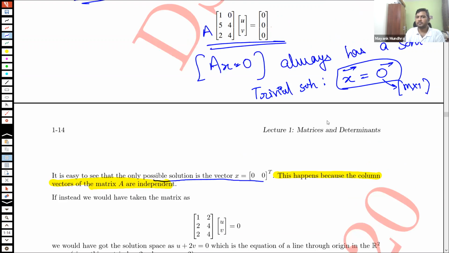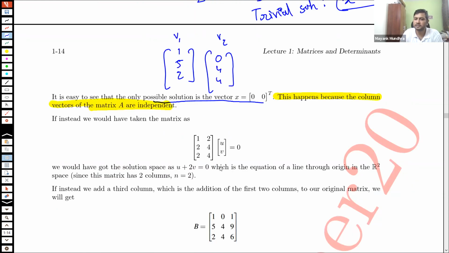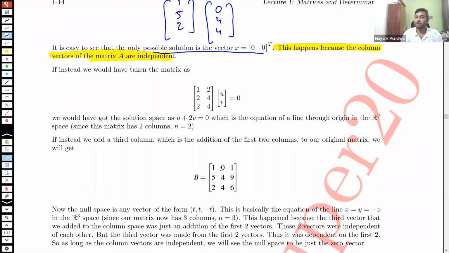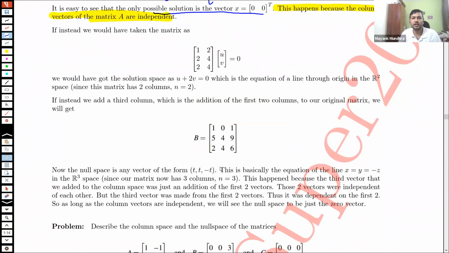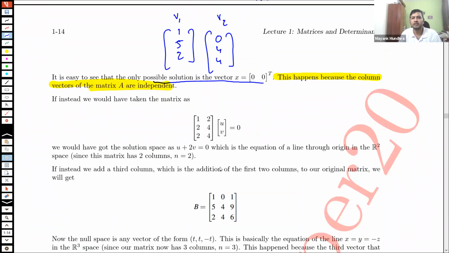So what are the column vectors here? 1, 5, 2 is my v1, and v2 is 0, 4, 4. So these two vectors are independent vectors. I'll come to the definition of independent vectors later, but right now I want to make the point that this is a situation where you have only the trivial solution as the possible solution for Ax equals 0.